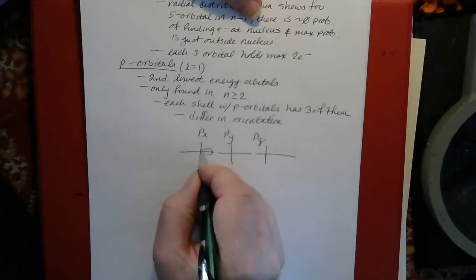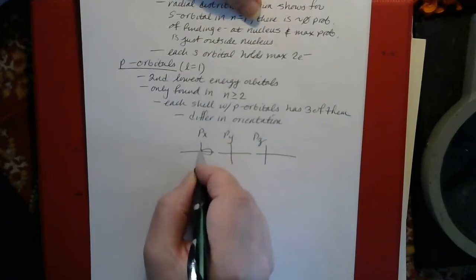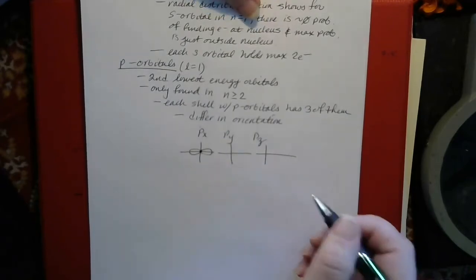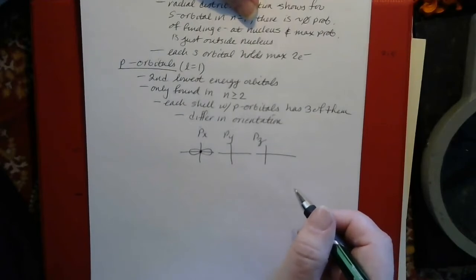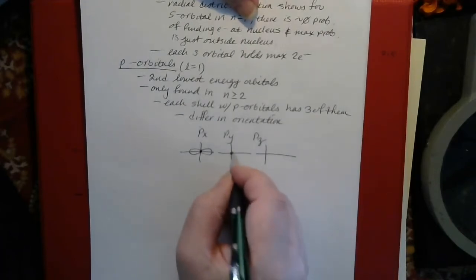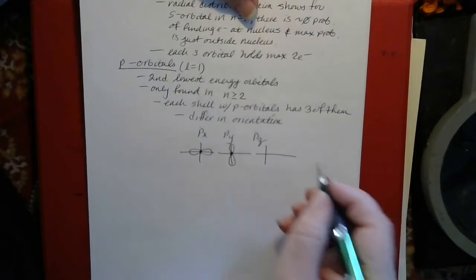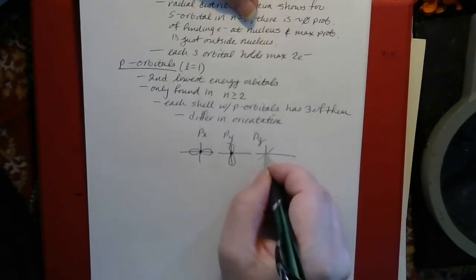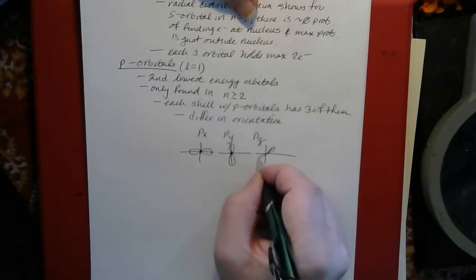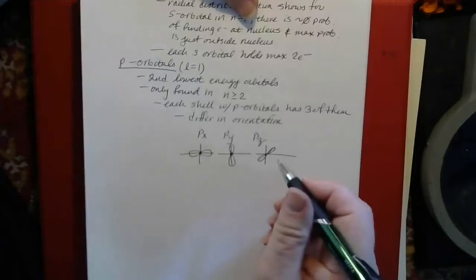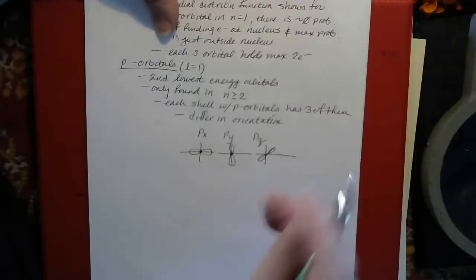Px orbitals, if the nucleus is at the origin, would look something like this. They go along the x-axis. Py orbitals would go along the y-axis, like that. And a pz orbital would go along the z-axis, coming directly in and out of the page like that.